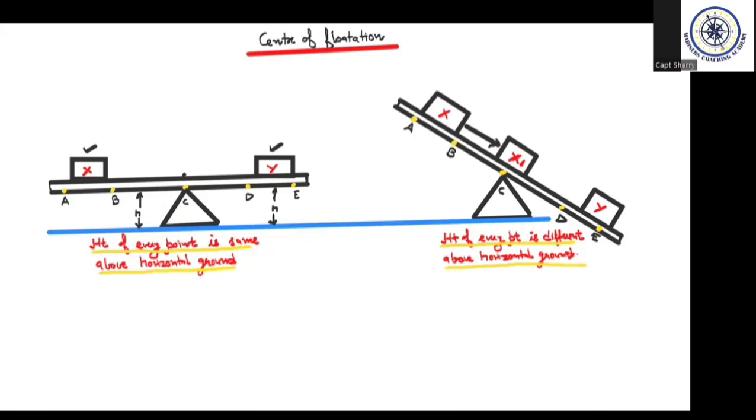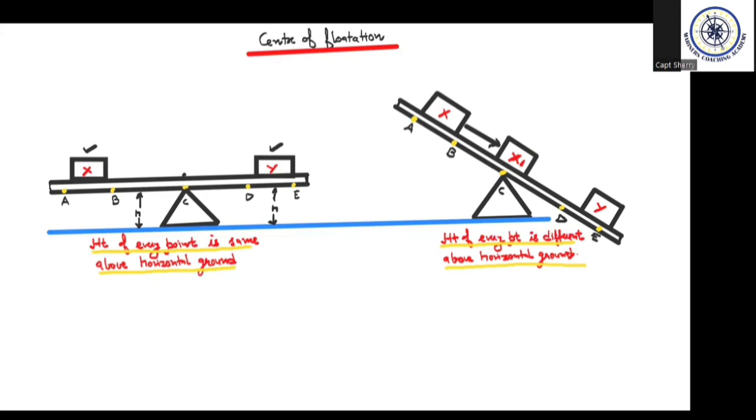Now, there is a point, C, which has the same height as before. So the height of point C remains the same as when the plank was horizontal.